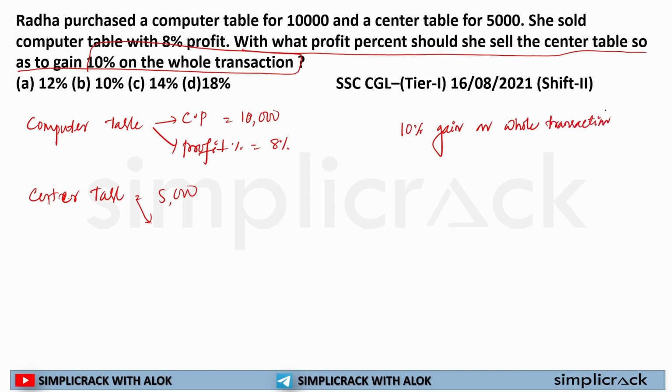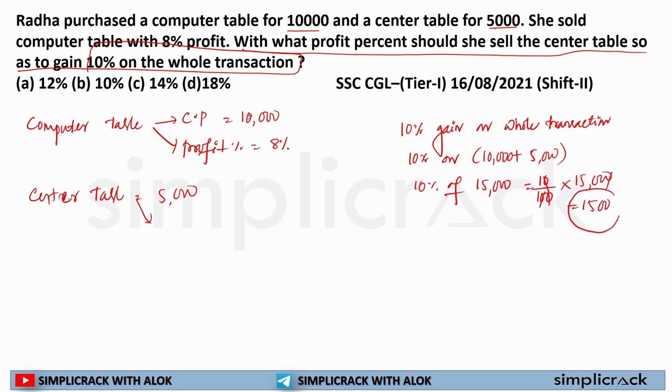transaction? Whole transaction means the total cost price, that is 10% on 10,000 plus 5,000, that is 10% of 15,000, or 10 by 100 of 15,000, and if I solve it, it will be 1500.